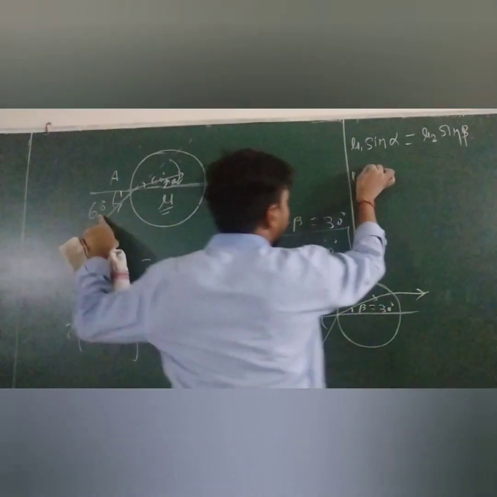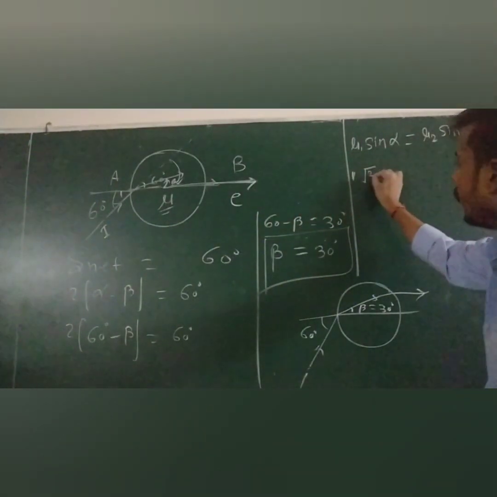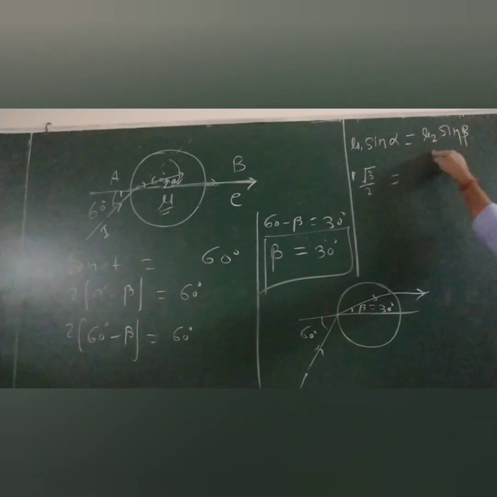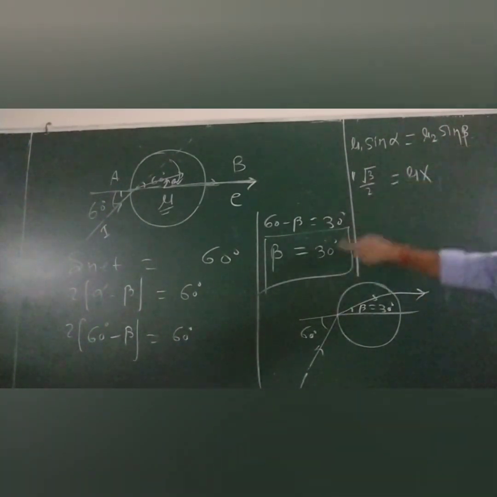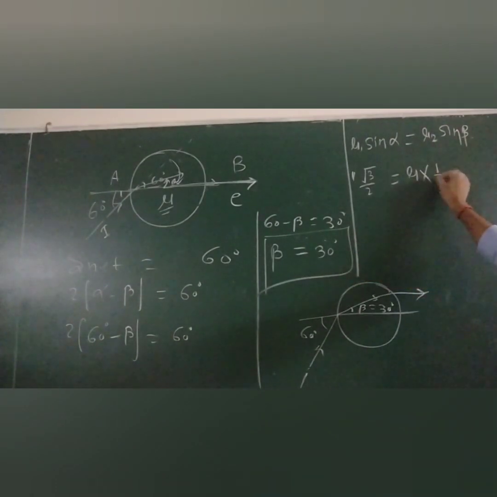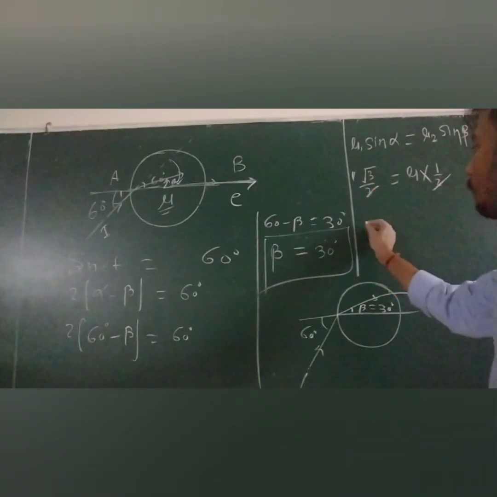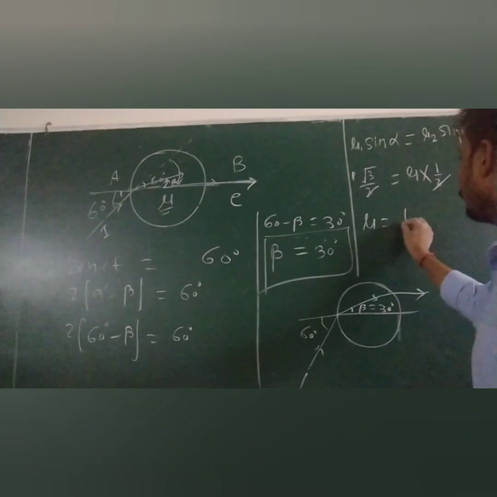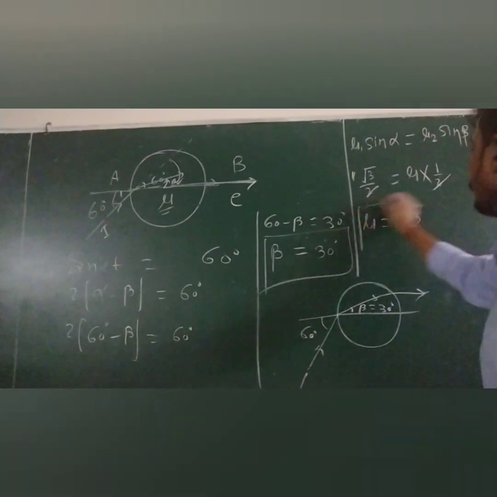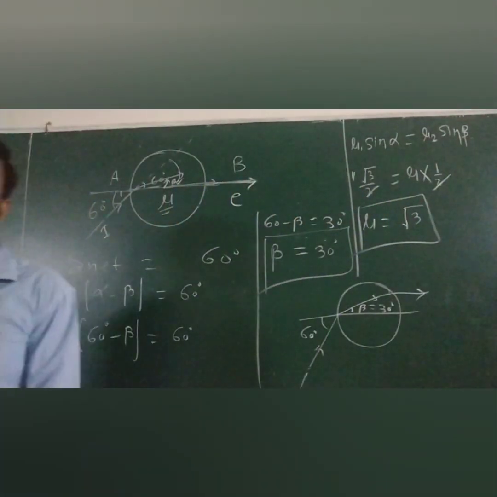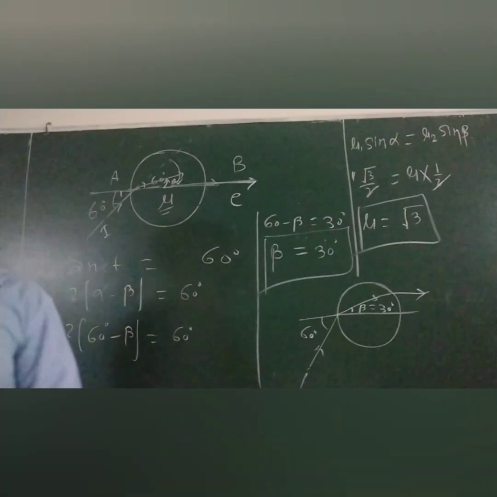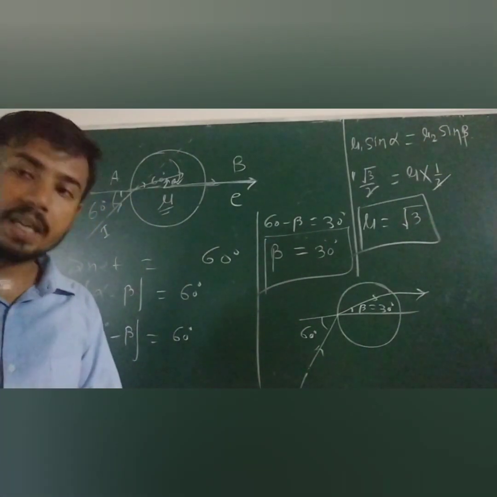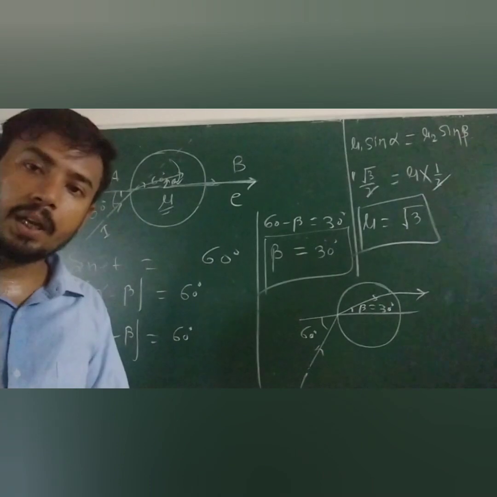Sin 60 is root 3 by 2, equal to mu2 into sin beta, sin 30, which is 1 by 2. So mu is equal to what? Root 3. Mu is equal to root 3. So this is another kind of numerical which is based on refraction. Done, buddy? Okay.